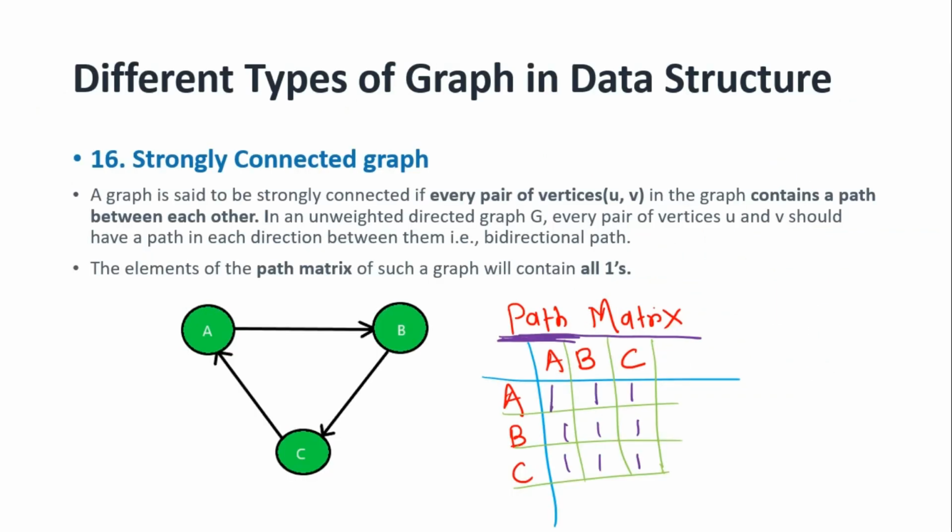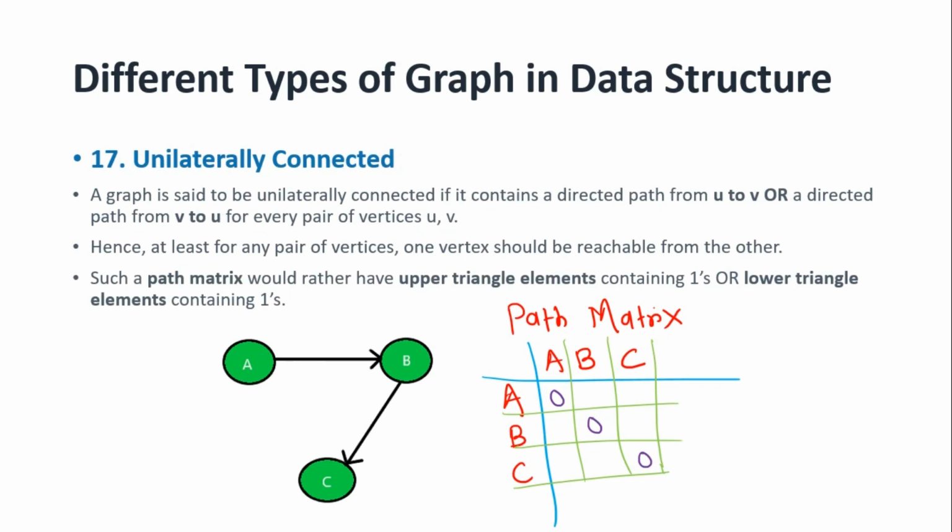Another case is unilaterally connected. Your graph is unilaterally connected if for a pair of vertices you have just one path, going in only one direction.